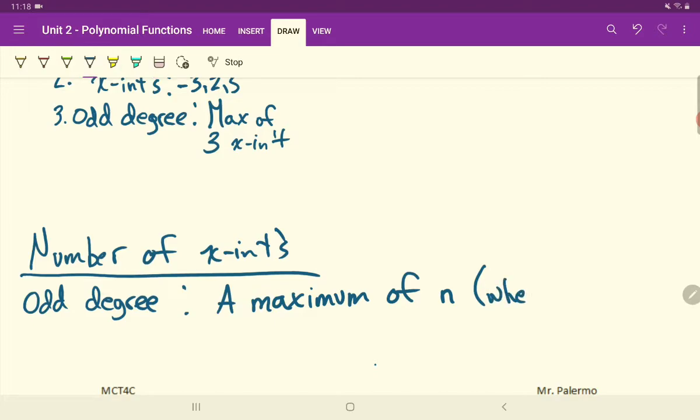So if it's a 5th degree function, you can have a maximum of 5 x-intercepts. Okay, so that's for an odd degree, but can you have 0? No, you cannot.